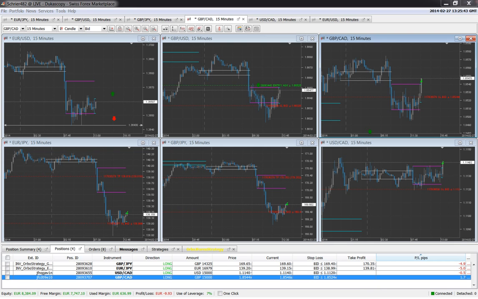Okay, guys, news in 5 minutes. Pound CAD is paying. We are gonna buy pound dollar if that's the case. Look, it's moving higher. Let's see what happens. Let's see if we break the lines. We will get triggered.